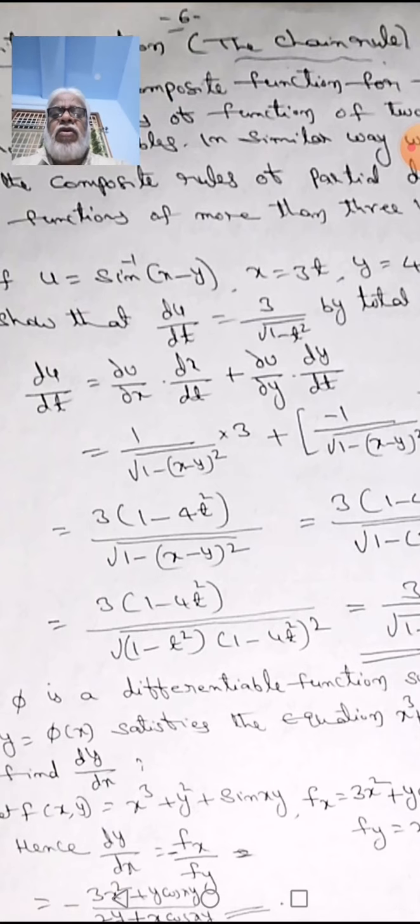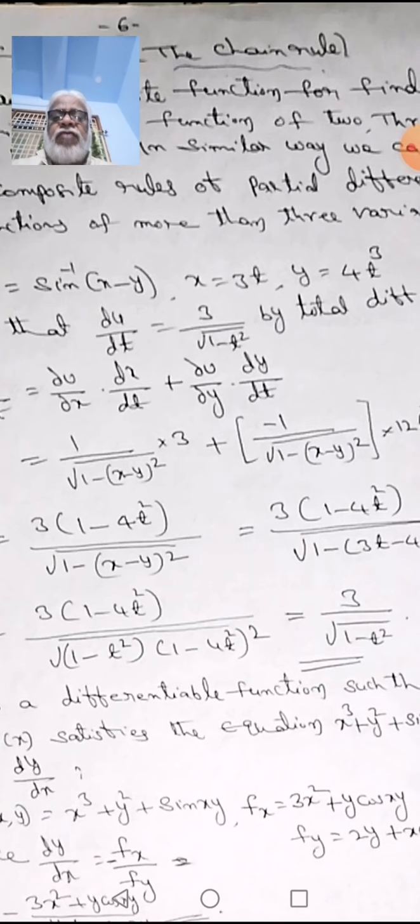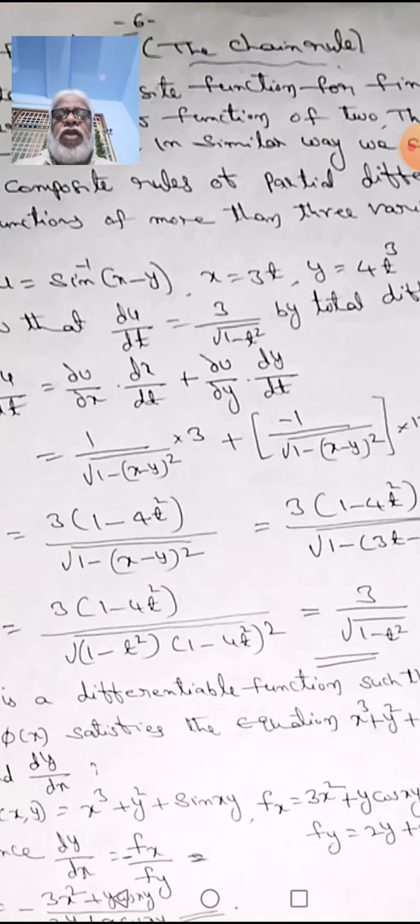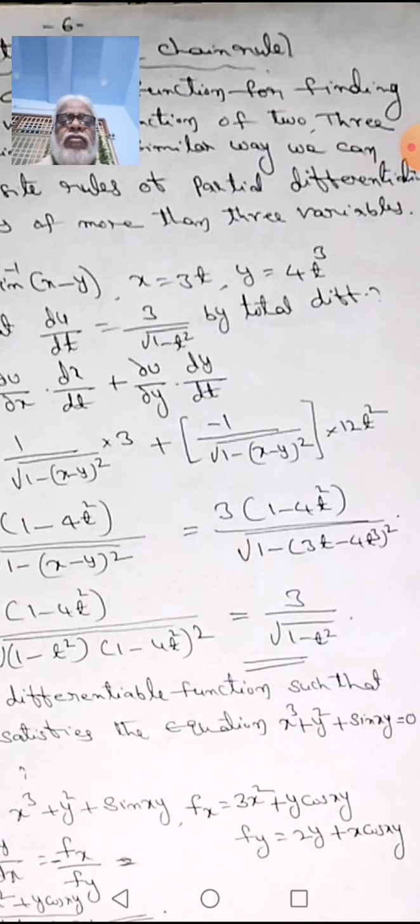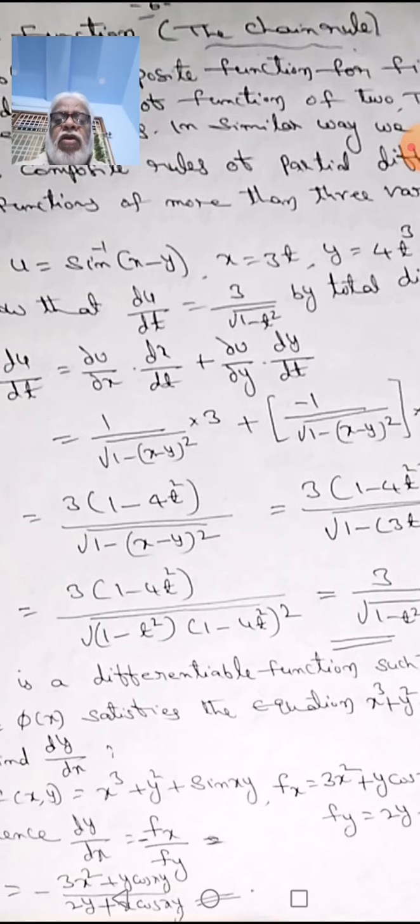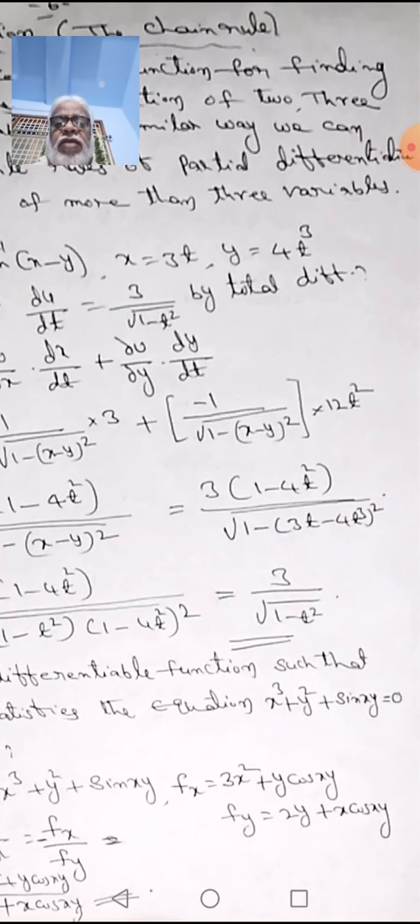That's why 3 into 1 is 3 and 12t square into minus 1 minus 12t square by root of 1 minus x minus y whole square. This equation is equal to the above simplification, that is 3 of 1 minus 4t square as it is, 1 minus 3t minus 4t cube whole square, where we substitute x is equal to 3t and y is equal to 4t cube.